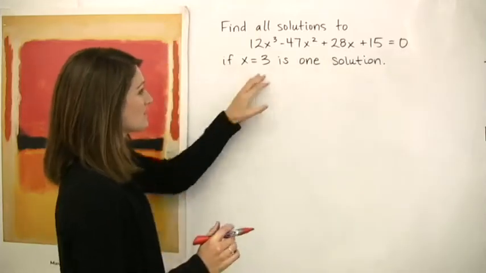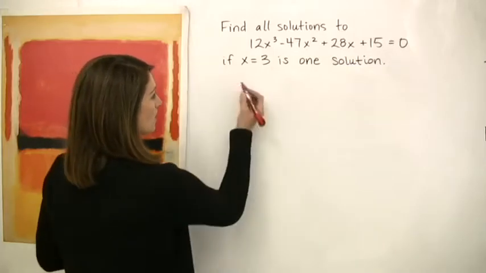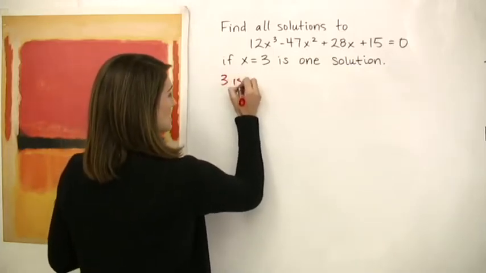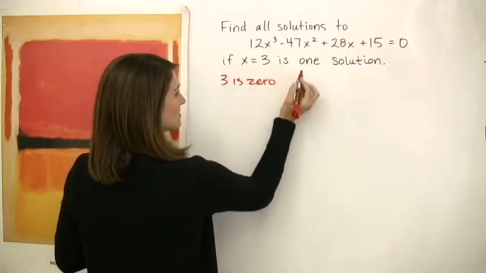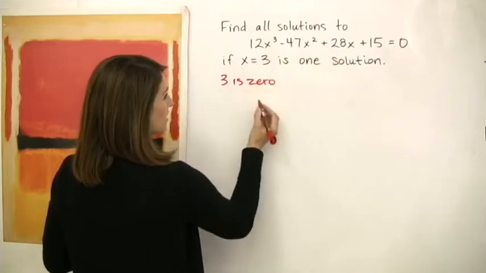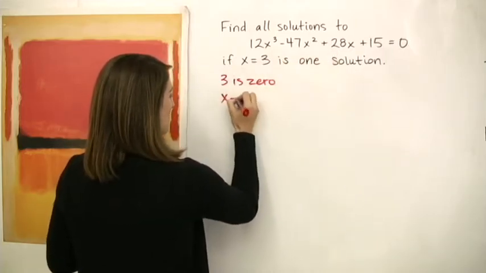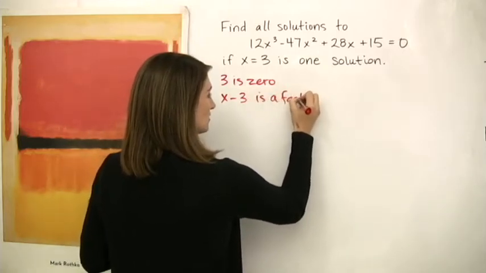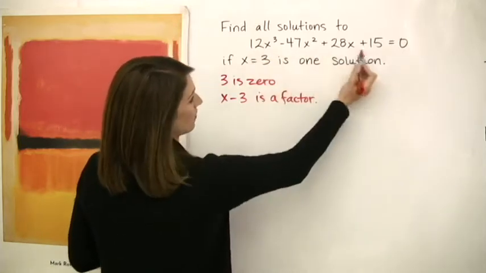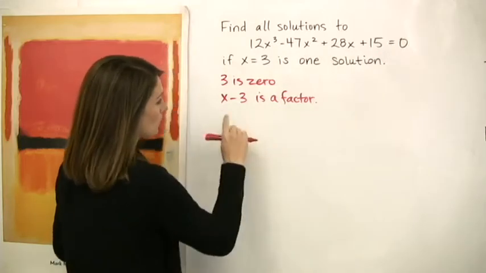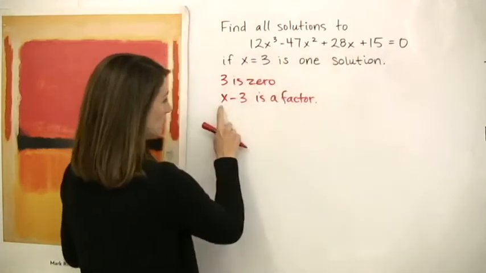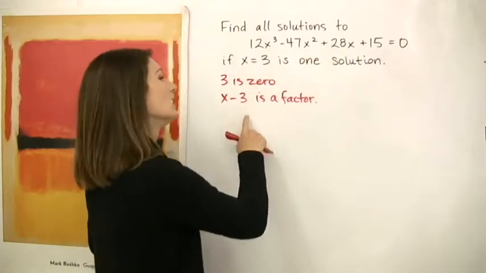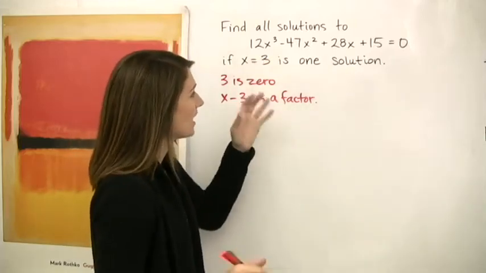Now, since x equals 3 is one solution, we can also say that 3 is a zero of this function. And then we can say that x minus 3 is a factor of this polynomial here.